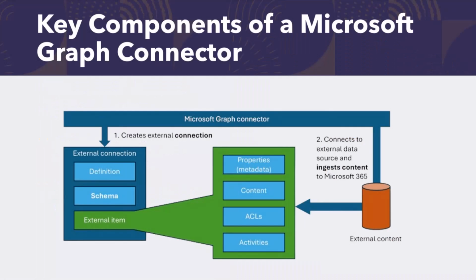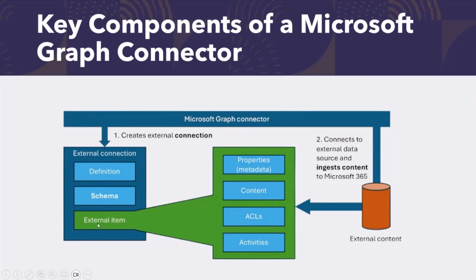Now when we talk about building the Microsoft Graph connector, there are actually three things in there. We create an external connection, where we define the connection and the schema: what type of properties, what type of data you want to bring in. Then you define the external item.